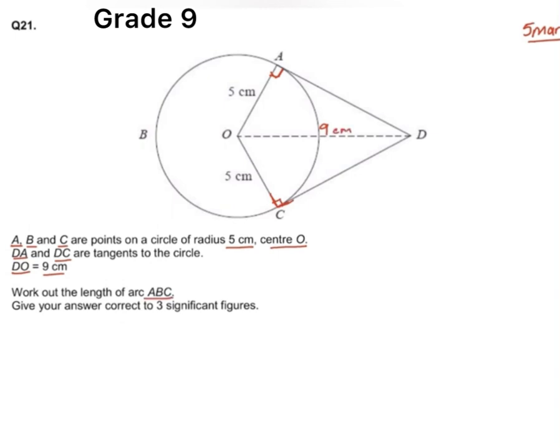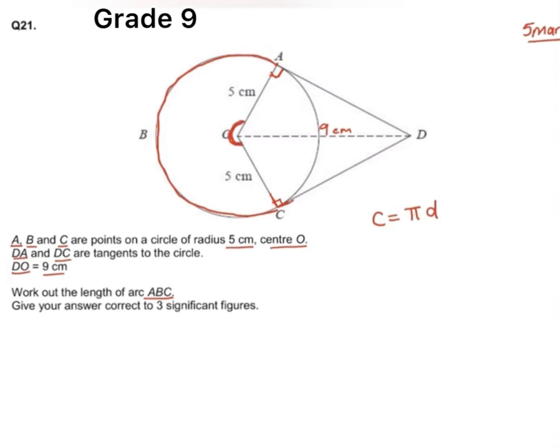And work out the length of ABC. Now ABC is the distance all the way around from A to B to C. So basically it's an arc of a circle with this angle here. When you find the distance all the way around the circle, which is circumference, the circumference formula is pi times diameter.